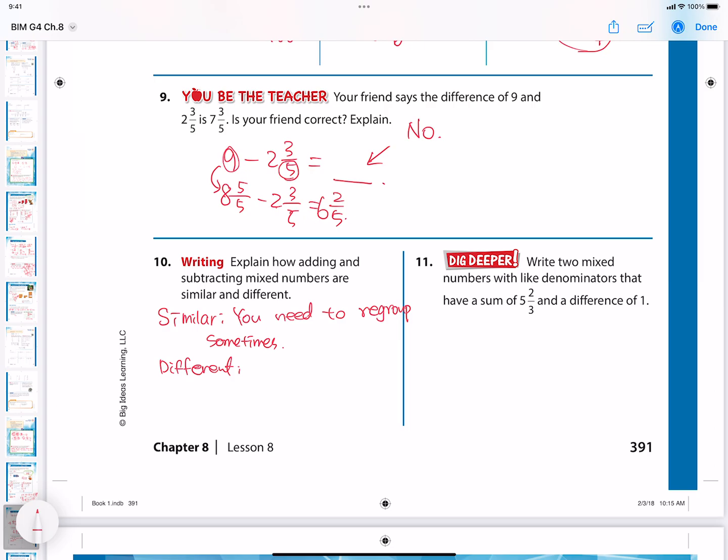When you add, you regroup at the end. And you regroup in the beginning when you subtract.